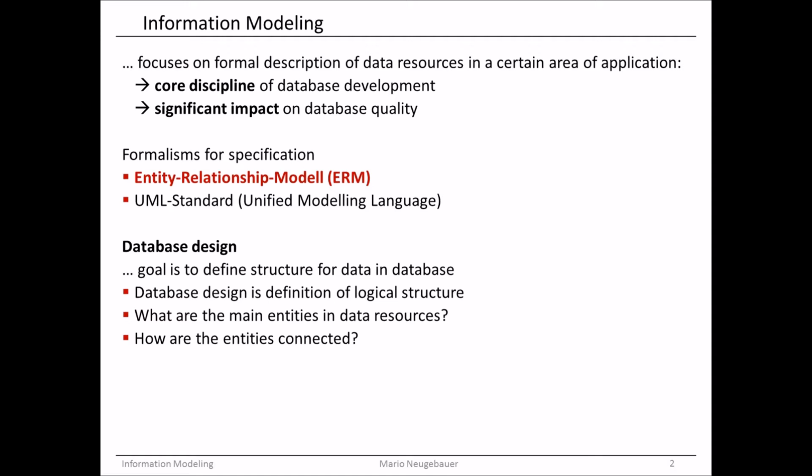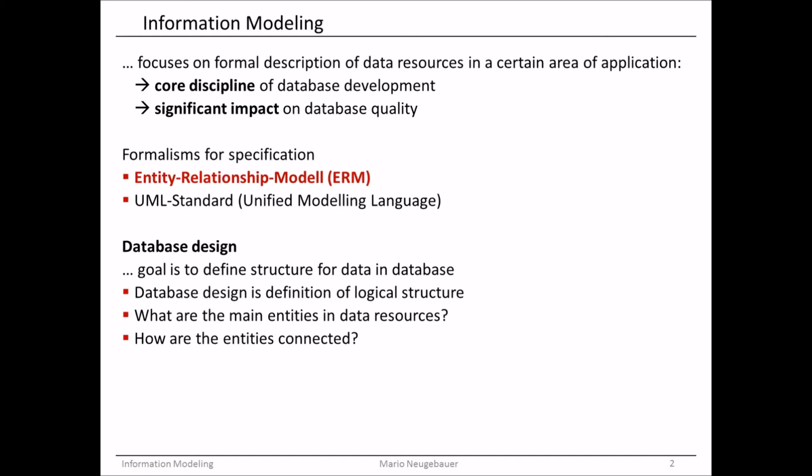If you make a good information modeling with consistent data, without redundancy, then this will lead to a good database quality. If not, then this will lead to a suboptimal quality of your database. You might have redundancy, you might have inconsistencies, and so on.